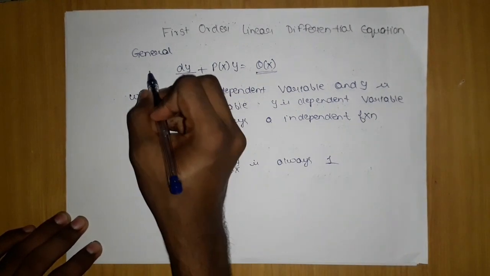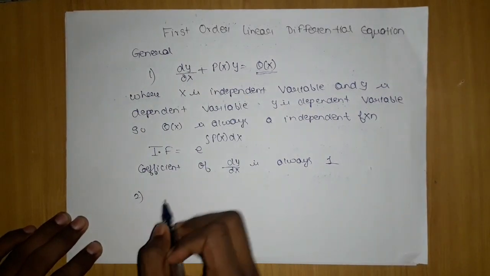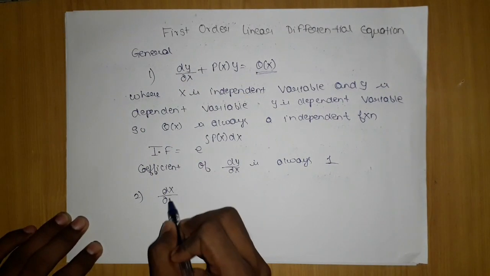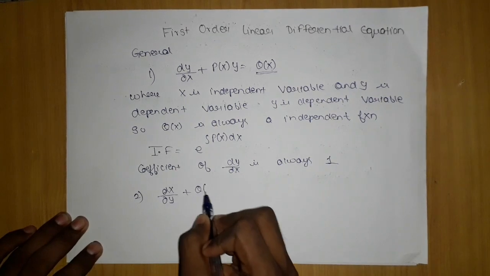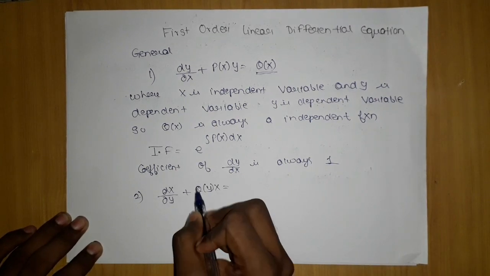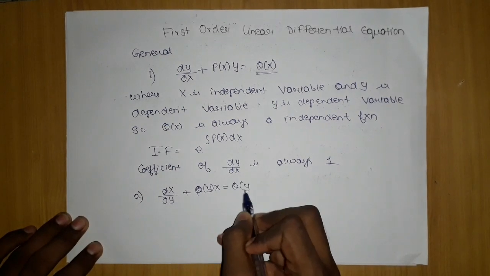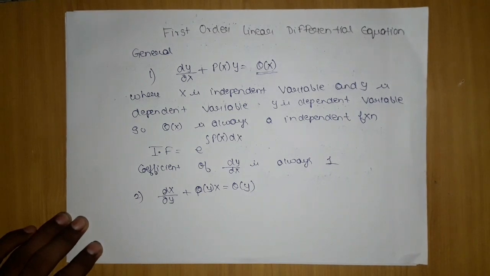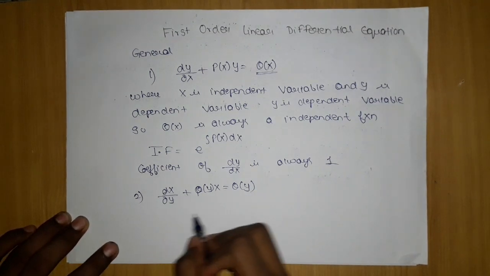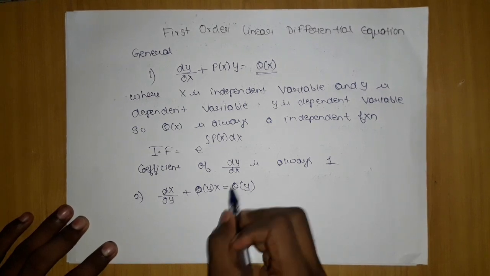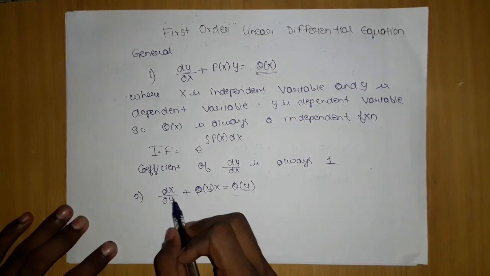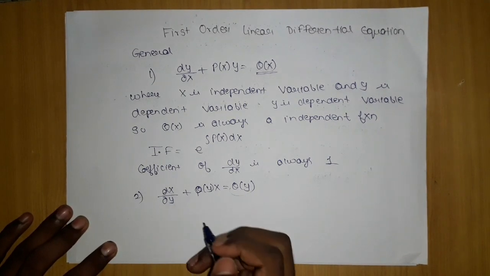Now this was the first form. There can be a second form also: dx by dy plus p of y into x equals q of y. Here this will become independent, and y is the independent variable, x is the dependent variable.